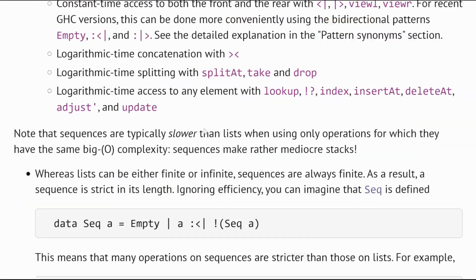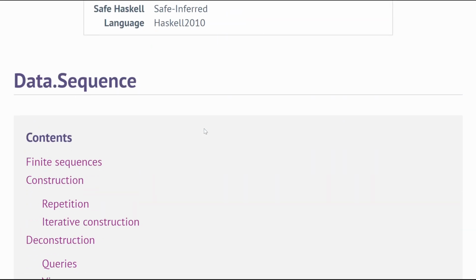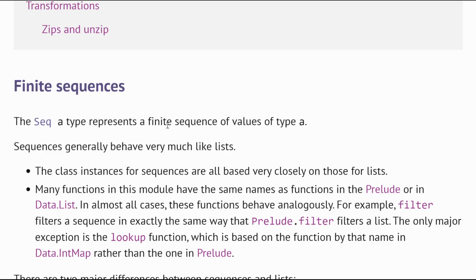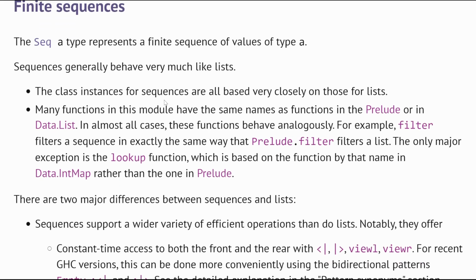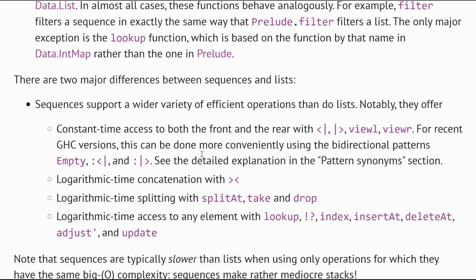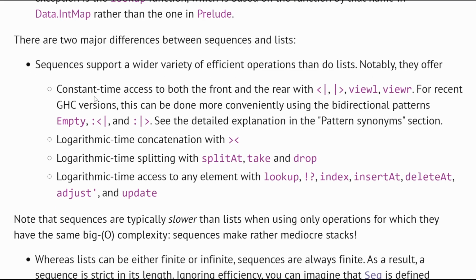So a sequence, blah, blah, blah. They have similar names to lists. It's for a wider variety of efficient operations. Constant time access to the front and the back, and logarithmic time concating and splitting, which necessarily also gives logarithmic time access to any item.